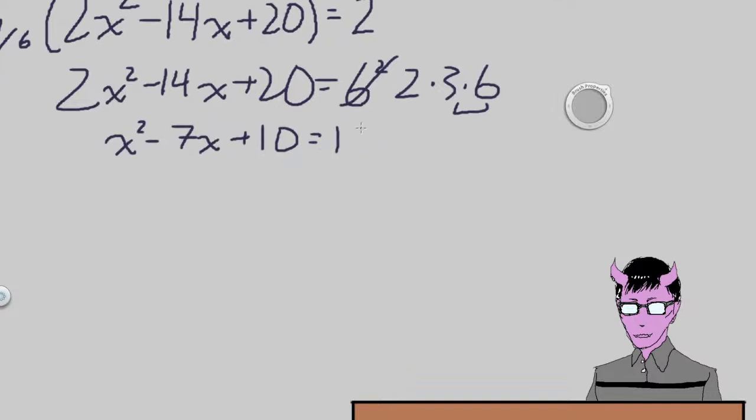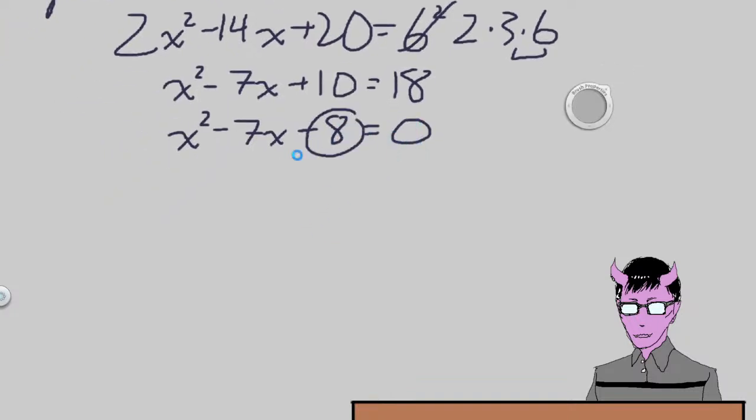Alright. So now we have a quadratic, but we need to bring this over to the other side. So subtract 18 from both sides, so we can get it into zero product property form. So this is minus 8. That's nice. Factors of -8 that sum to -7.